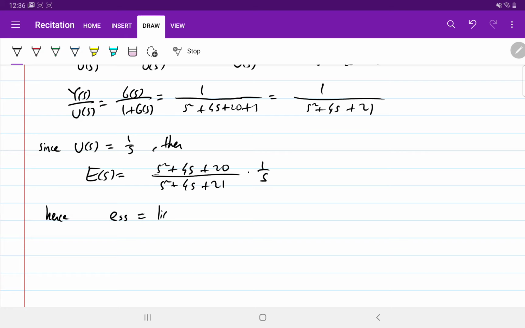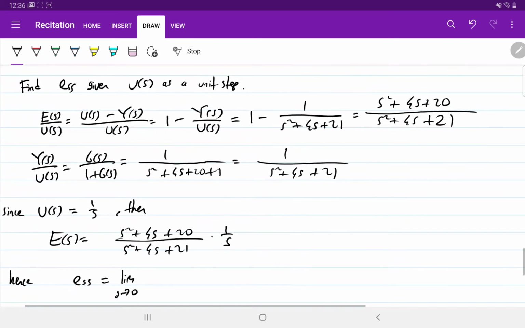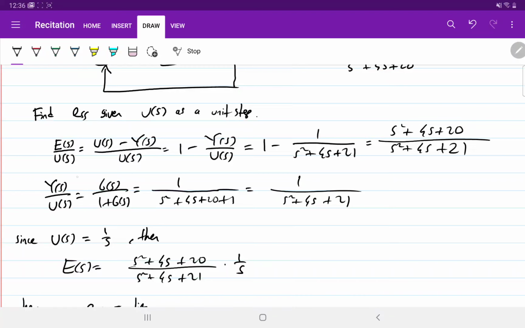So take the limit as s goes to 0, assuming that the closed loop system is stable, right? But we know that the closed loop system is stable because we have the transfer function, and the roots of the transfer function have negative real parts.